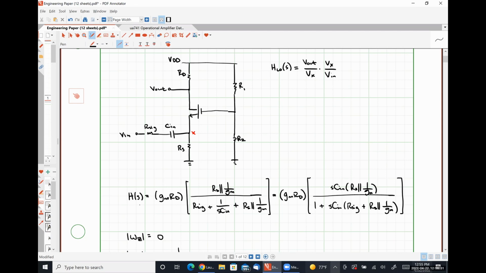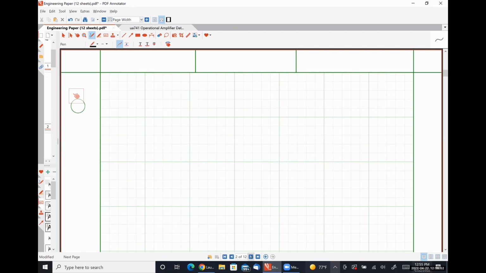So it's effectively very similar to the short circuit time constant method. We'll get into that. There'll be a little bit better description of what I'm talking about when we have more than one capacitor to deal with, okay? So this was our low frequency response. Let's move along to our high frequency response.